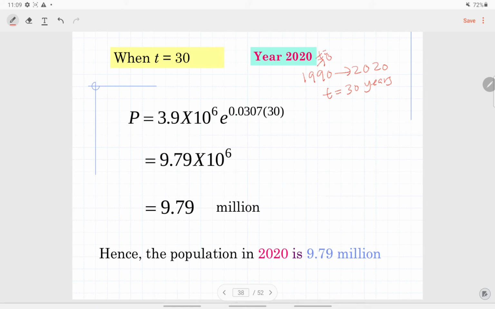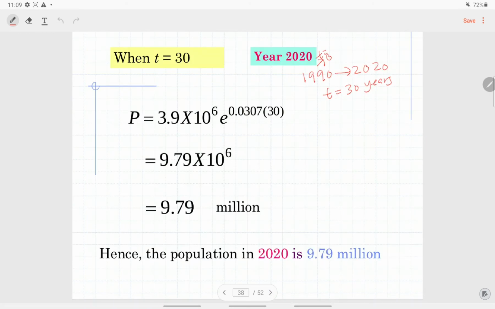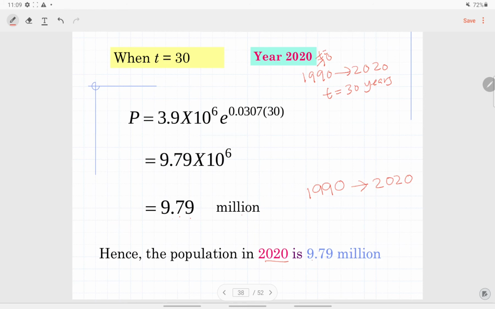We have the general form just now, so we substitute the value of t. We can estimate in 2020 is 9.79 million. So means that from year 1990 we can estimate the population in 2020 by using the differential equation. Hence the population in 2020 is 9.79 million.